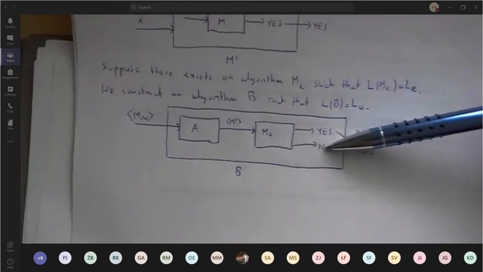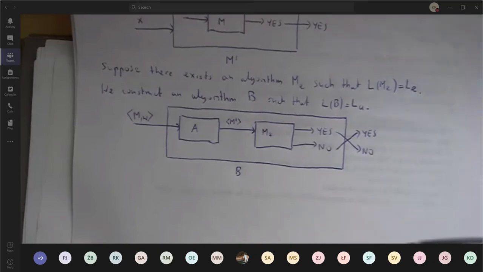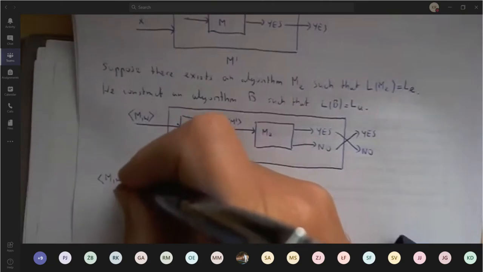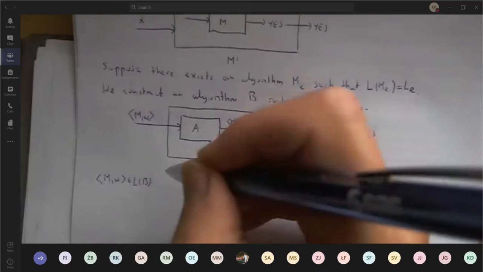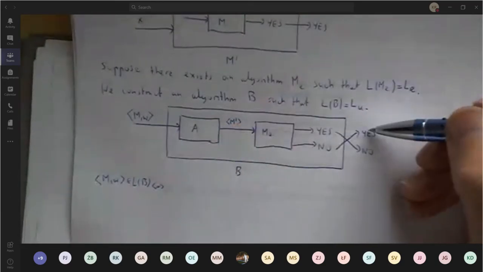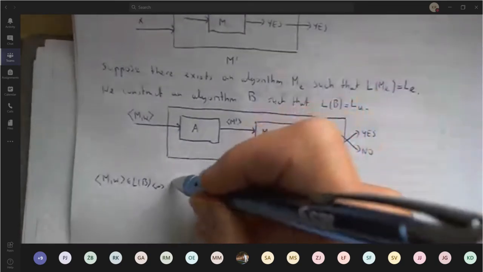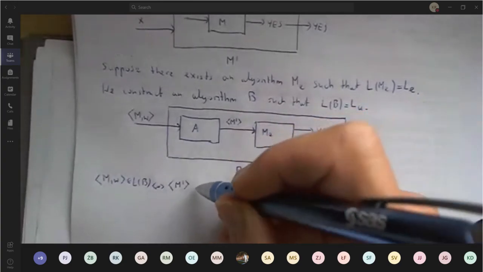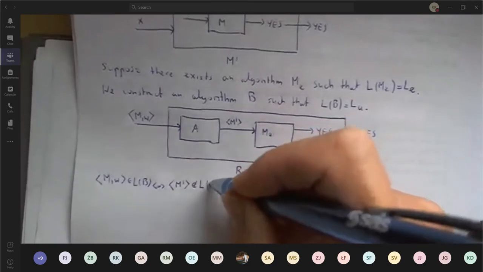If ME rejects, then B accepts. Okay, so let's see what's going on. So the input string is accepted by B if and only if ME rejects the input. So if and only if the code of M prime is rejected by ME.